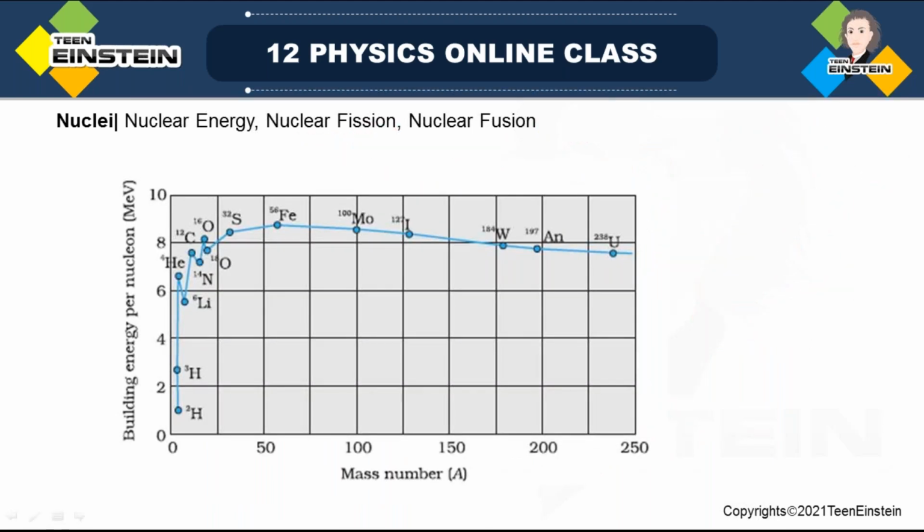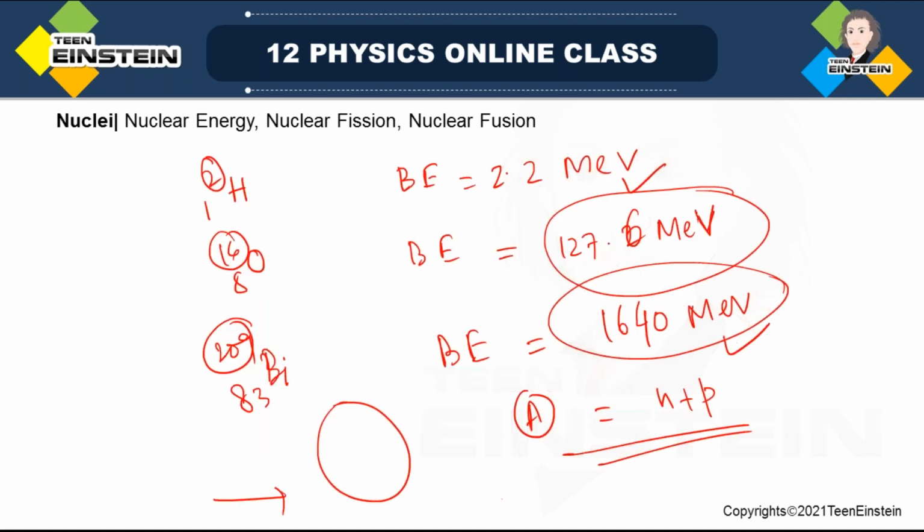So this is the binding energy per nucleon curve we had discussed already. I'll just recap a little bit. This is the y-axis. Binding energy per nucleon means binding energy divided by mass number. In this curve, if I write only binding energy, then there is a huge gap between this and this and this.